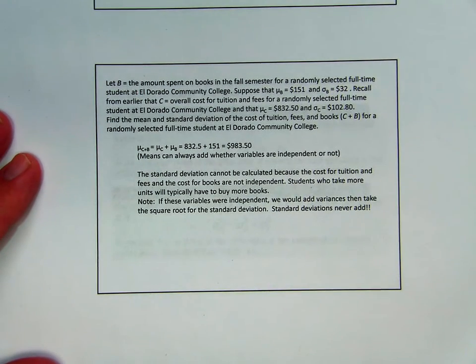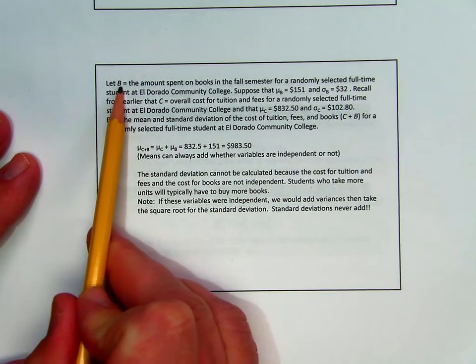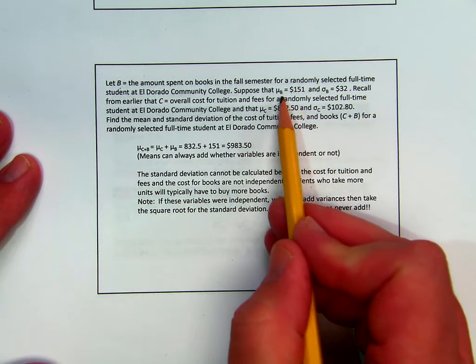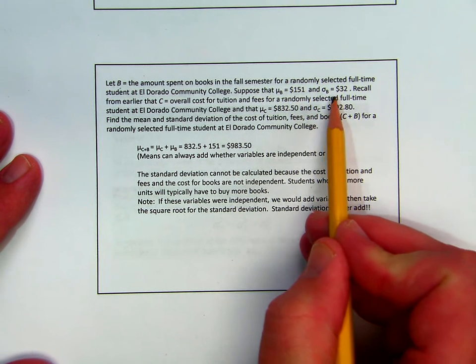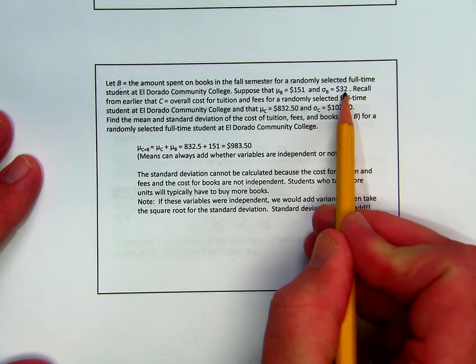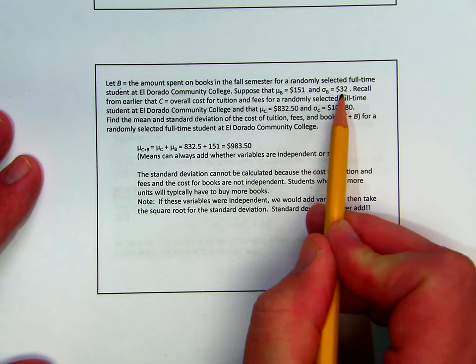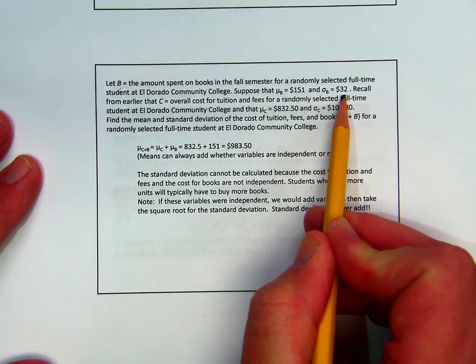All right, back to our community college. Let B equal the amount of money spent on books in the fall semester for a randomly selected full-time student at El Dorado Community College. Suppose that mu sub B is equal to 151, standard deviation is 32. So the mean amount spent on books is 151, standard deviation of $32.